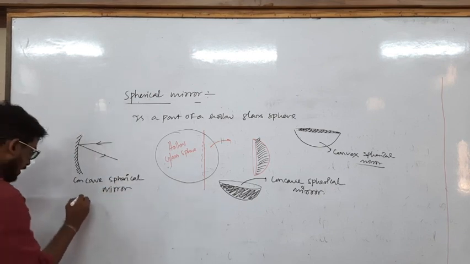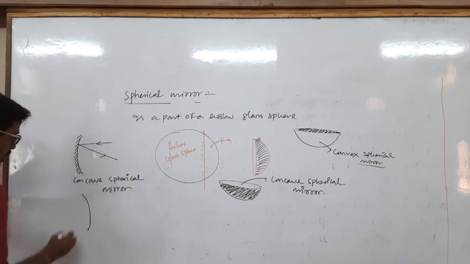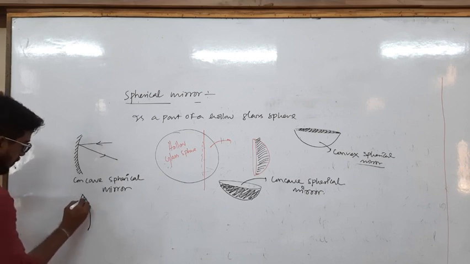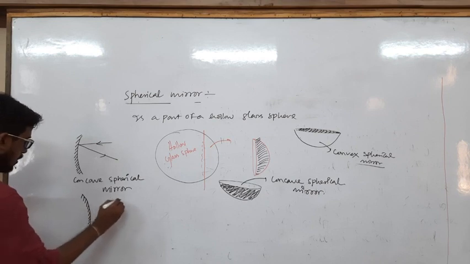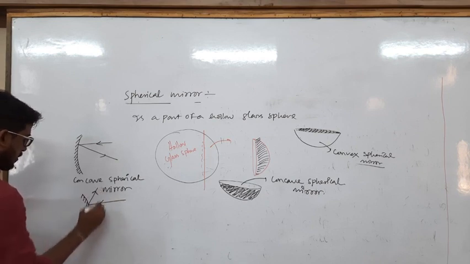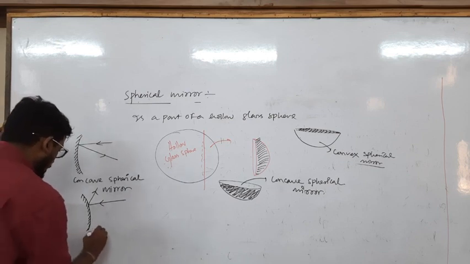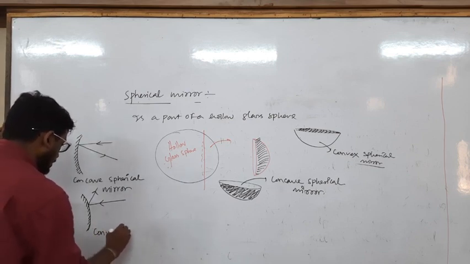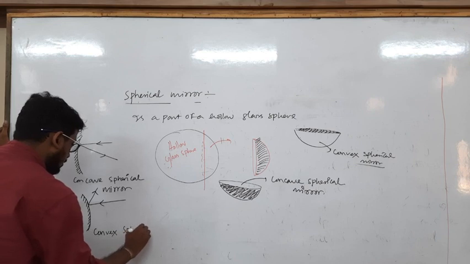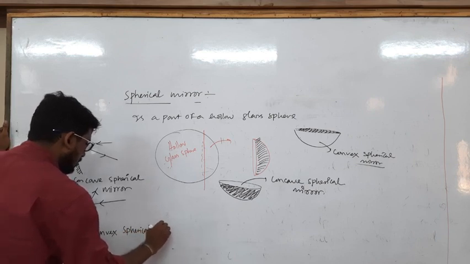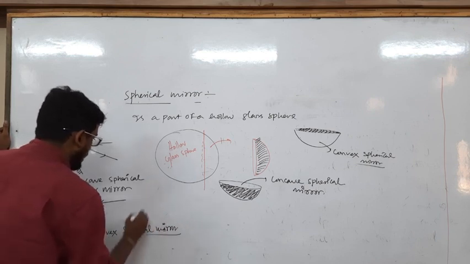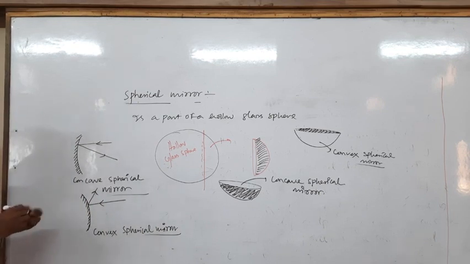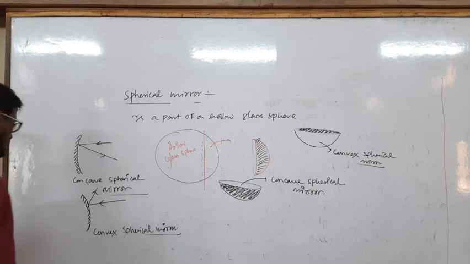And if the inner side becomes reflecting, light incident along this direction is reflected along this direction, so this will become a convex spherical mirror. So spherical mirrors are of two types, one is concave and another one is convex.